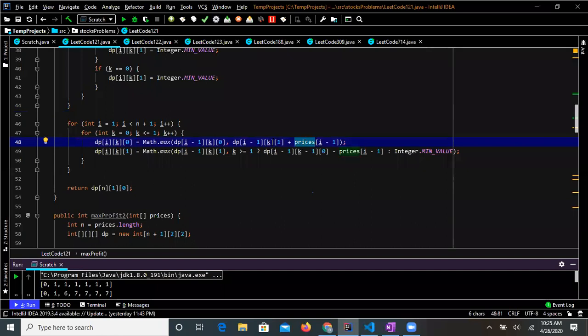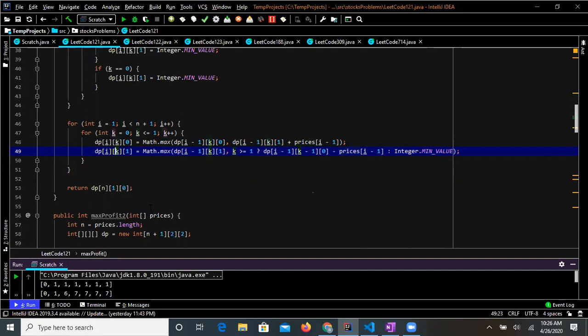So this value always has k. So the transaction is not changing here. In this line, everywhere I'm using k. But when I'm buying, then I have this k-1 here because I'm making a new transaction. So I will say, hey, I did a new transaction, so I'm paying a price for it. And then I can reach this level k with transaction k, again trying to reiterate.